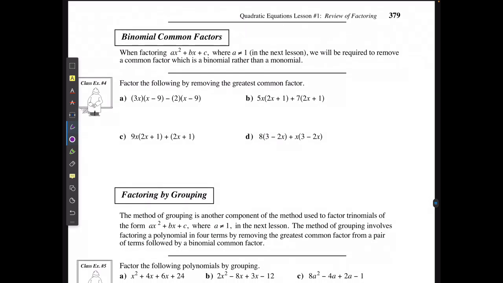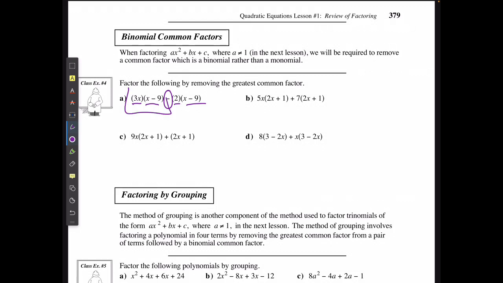Now, when we're talking about common factors, it doesn't just have to be a set number. Common factors can be variables, or they can even be binomials, as long as it's being multiplied into all of the different terms. So we can see here we have 3x times (x minus 9), and 2 times (x minus 9). The two terms are always split up by either a plus or a minus.